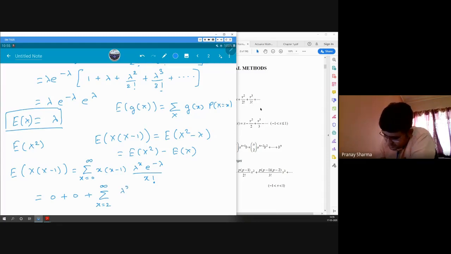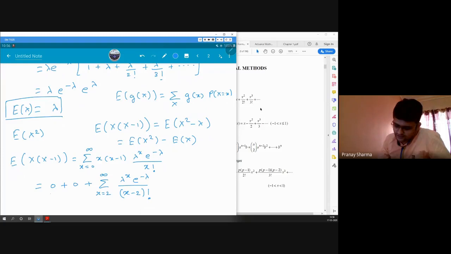We'll get lambda raised to x, e raised to minus lambda, by x minus 2 factorial. Again, the same reason, I do not want any negative factorials. That is why I've removed the 0 and 1 values first.